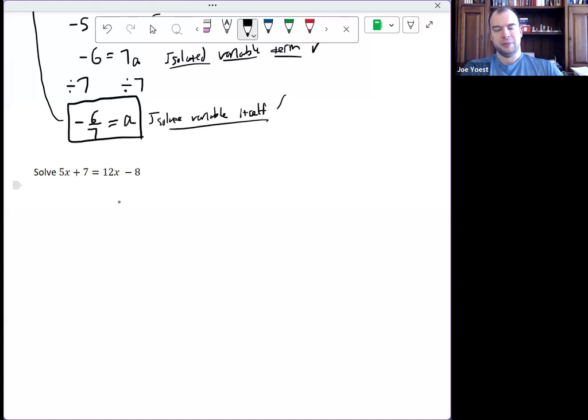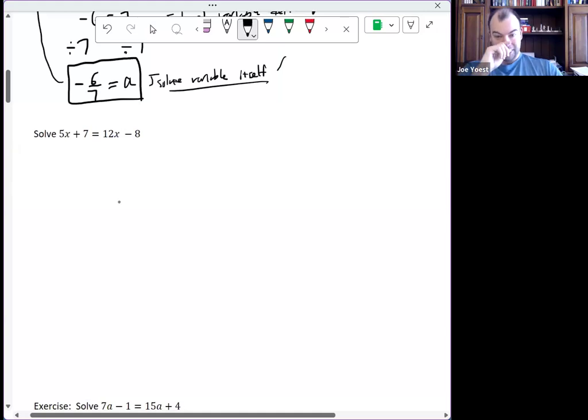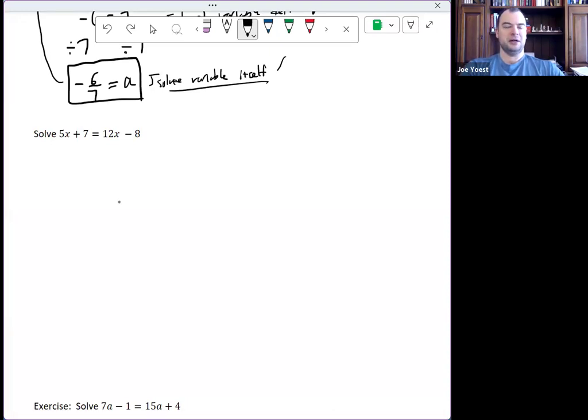Okay, so I'm going to proceed forward with my strategy from up here. I see that I have two variable terms across this equation. There's the 5x term on the left side, the 12x on the right side. I'm going to combine those together on one side. And again, if I subtract the 12x, kind of thinking a step ahead, 5x minus 12x is going to give me a negative coefficient.